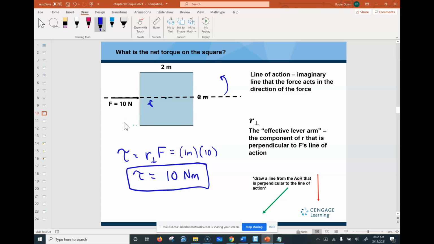What's my R perpendicular to the force? In other words, here's my R, because it always starts at the axis of rotation and it goes to where the point of application of the force is. How much of those two vectors are perpendicular?